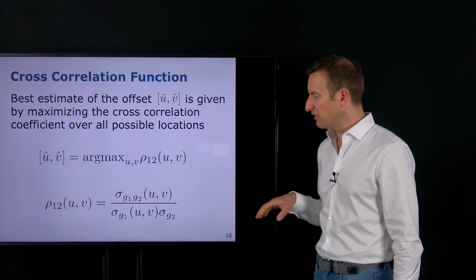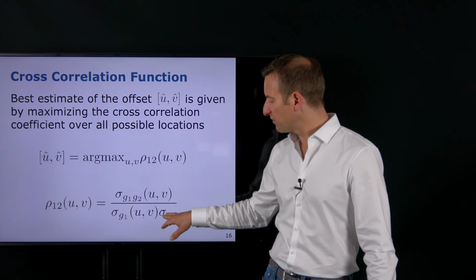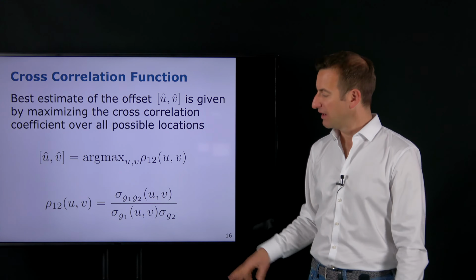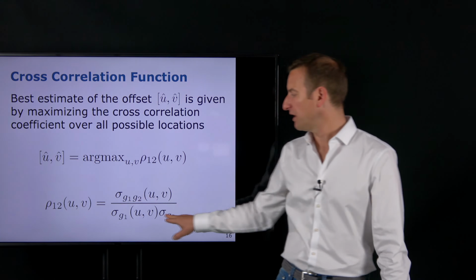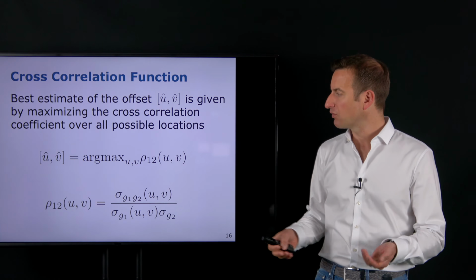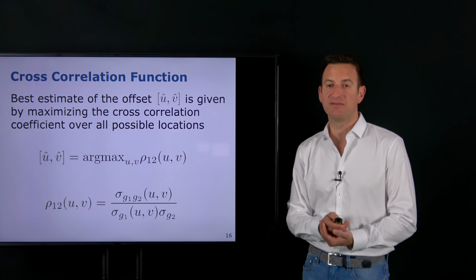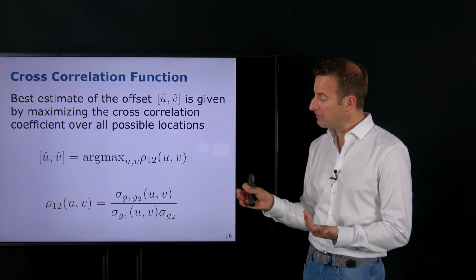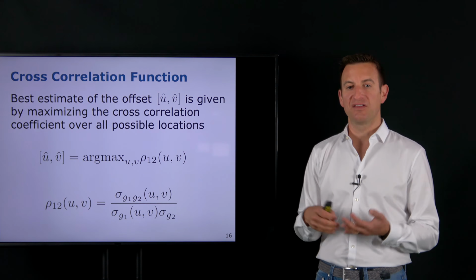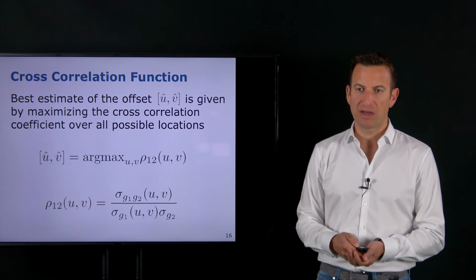And this function, as you can see, has something to do with variances or standard deviations between the two images. I want to go a little bit more into the details on the next slide and explain what that normalized cross-correlation actually does and what the individual values here mean. The advantage of using this measure is that it's invariant under the radiometric transformation that I was describing before.